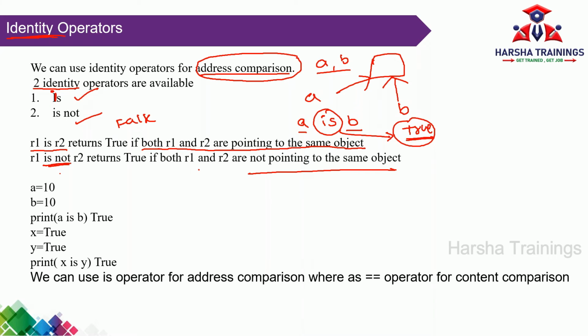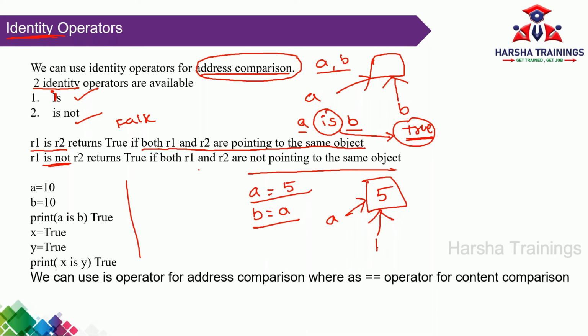Now, generally we assume that A = 5, B = A. What is the meaning of this? Whenever we write this statement, some memory is allocated with the name A and the value is 5. Whenever we write B = A, B also refers to the same thing.